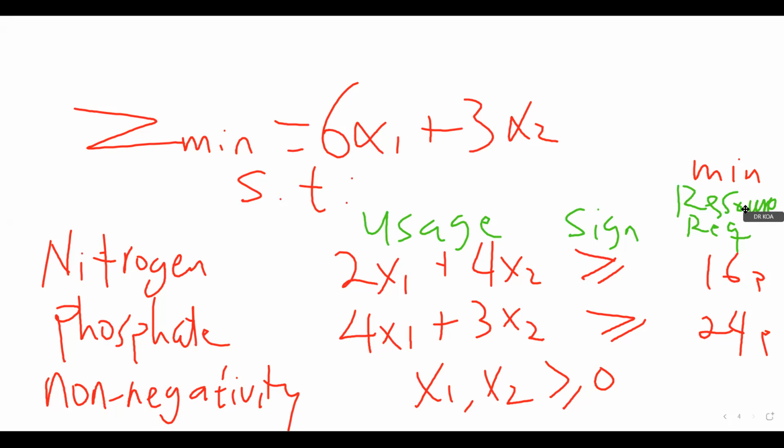Remember, you need nitrogen to be able to get one particular NPK; you need a certain number of nitrogen and a certain number of phosphate.